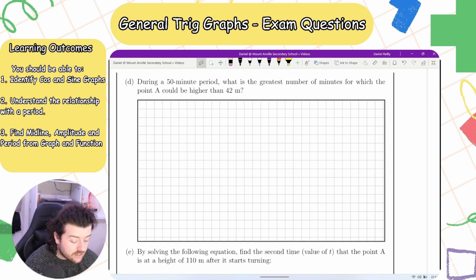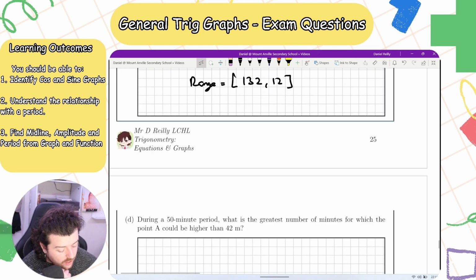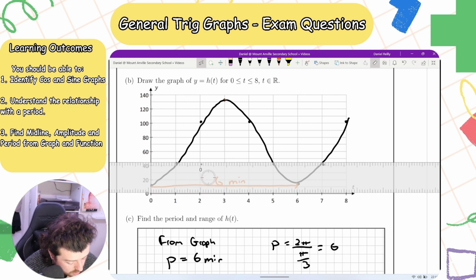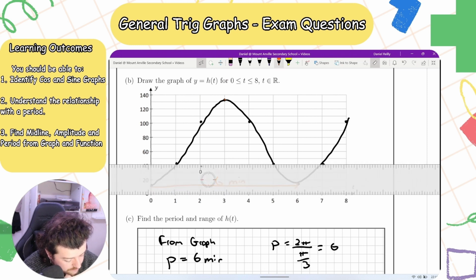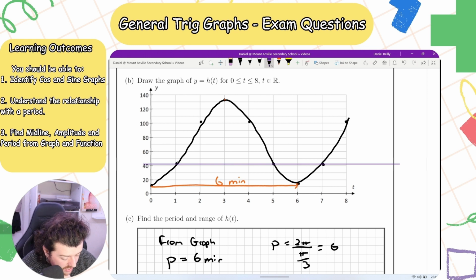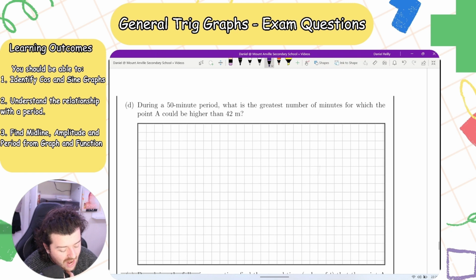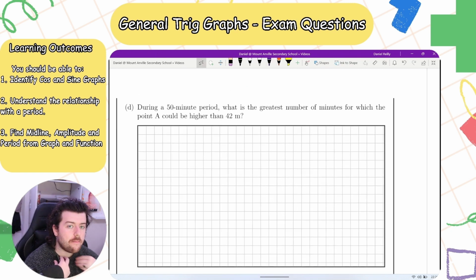During a 50-minute period, what is the greatest number of minutes for which point A could be higher than 42 meters? So, looking at my graph here, 42 meters. Let me just draw that here, purple. So it is above 42 meters, roughly from 1.5, for roughly 4 minutes. Now, we're looking at a 50-minute period.